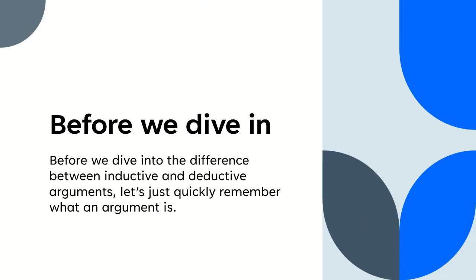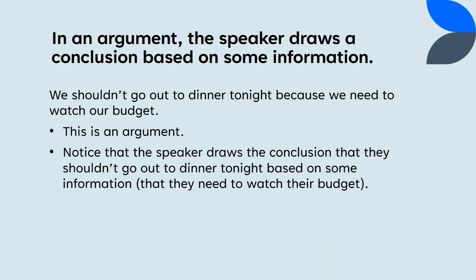Before we dive into the difference between inductive and deductive arguments, let's quickly recall what an argument is. What is an argument in general? Well, this is one way of describing an argument: in any argument, the speaker is always going to draw a conclusion based on some information. Here is an example.